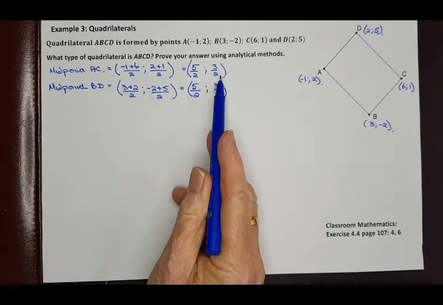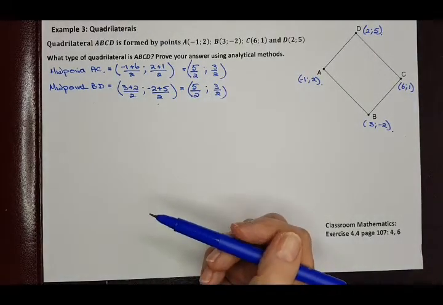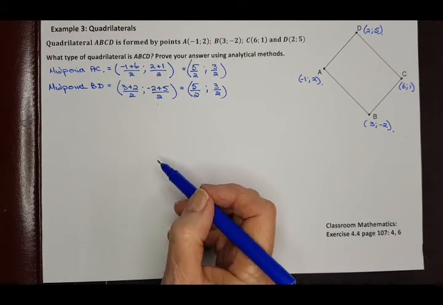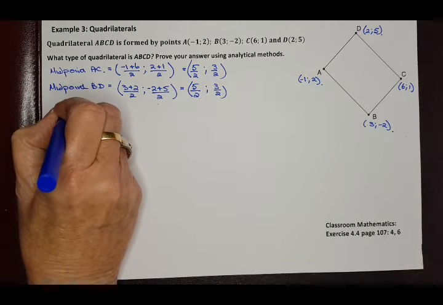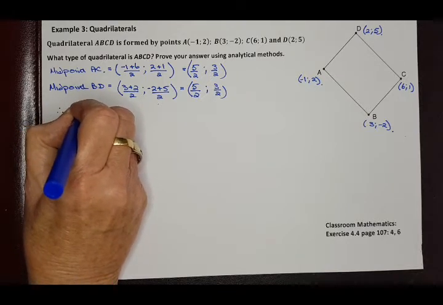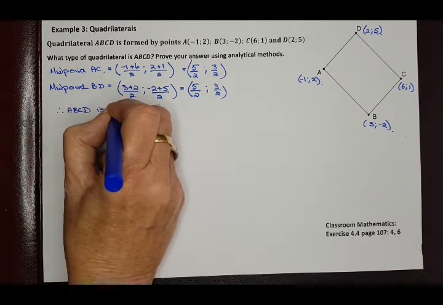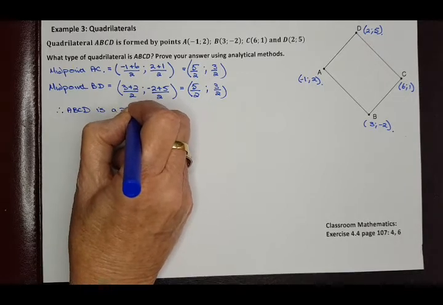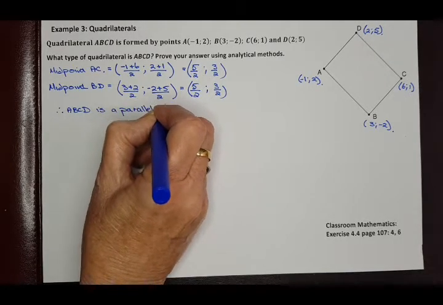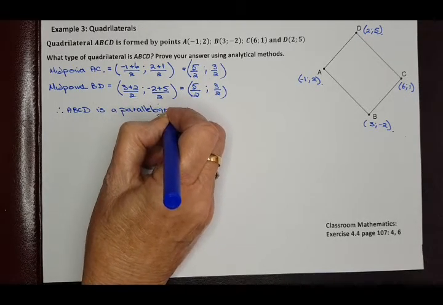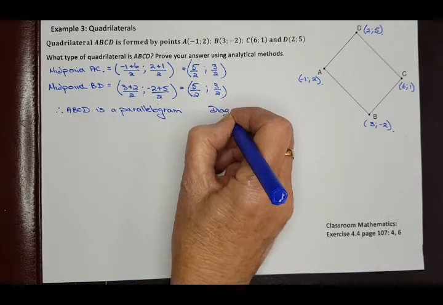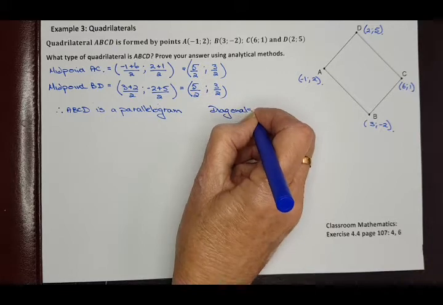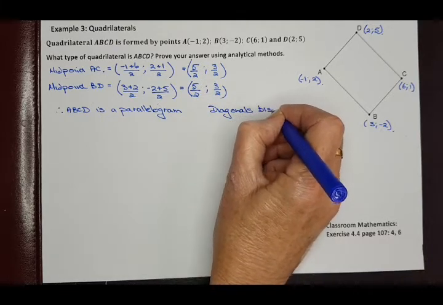The fact that those midpoints of the diagonals are the same means that the diagonals bisect each other. So therefore I can draw the conclusion that ABCD is a parallelogram. And why is it a parallelogram? Because the diagonals bisect each other.